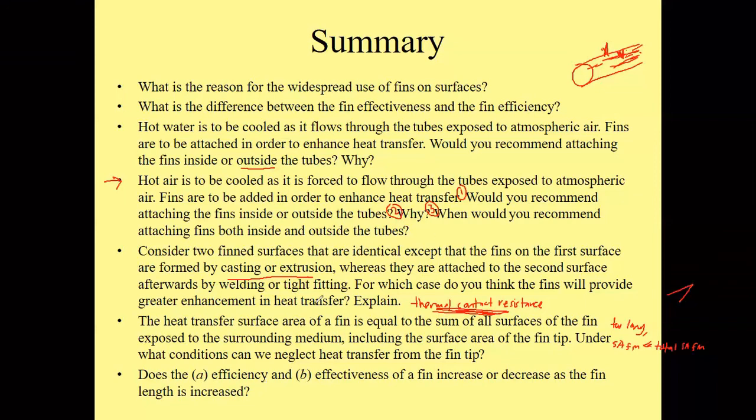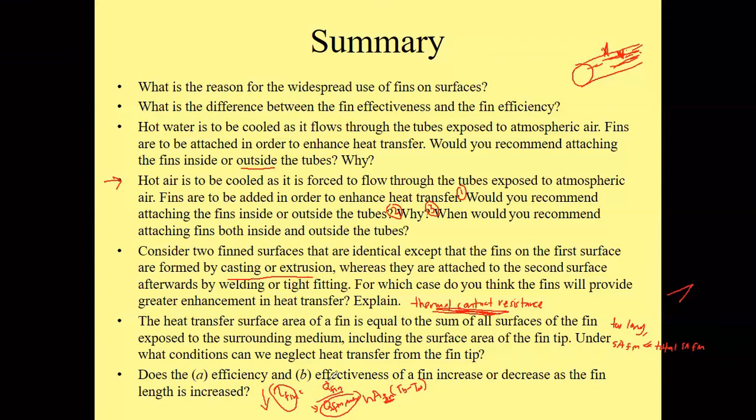Right, you know, the efficiency is equal to Q fin over Q fin max. So this Q fin max is actually equal to h A fin (T base minus T surrounding). So when you increase the length, this also increases, and then this will increase, and then this will decrease, right?